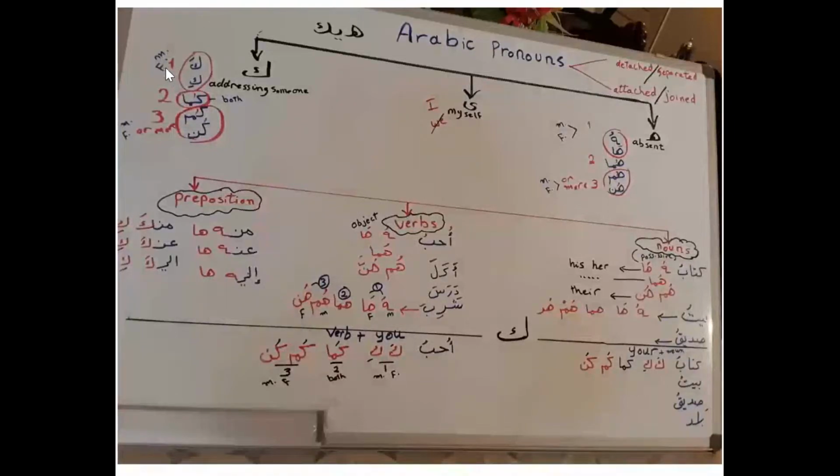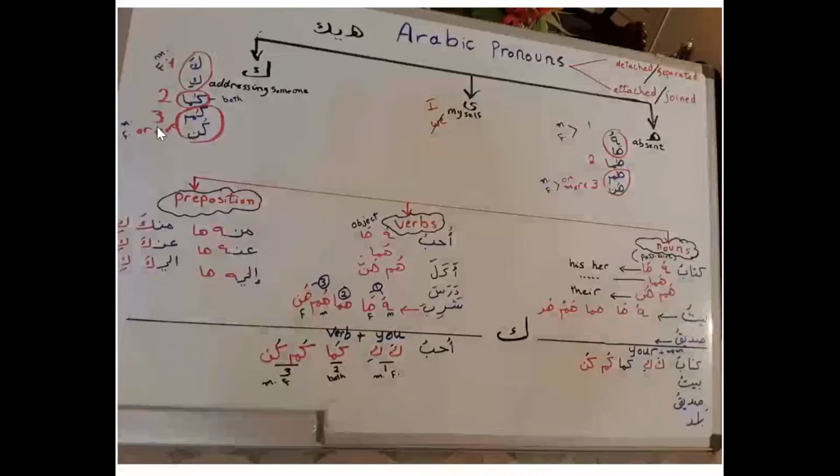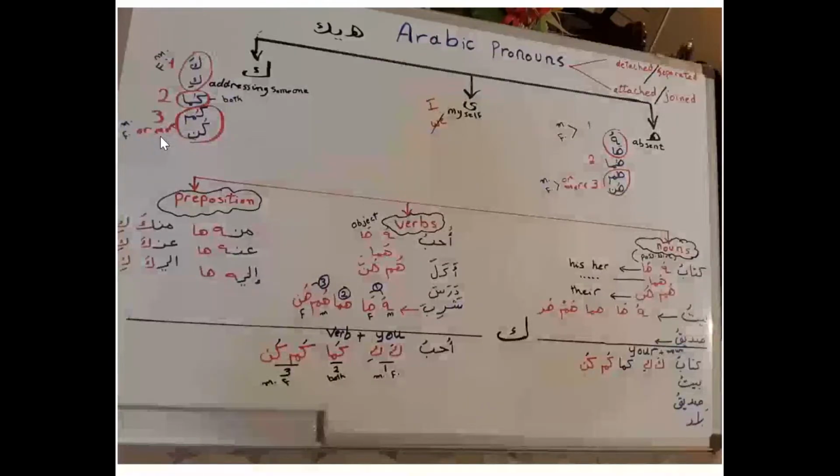It's not only one; it's one male or one female. Two, it doesn't make a difference: two for both male and female. Three is for three people or more, 4, 5, 10, whatever number, for male and female also.